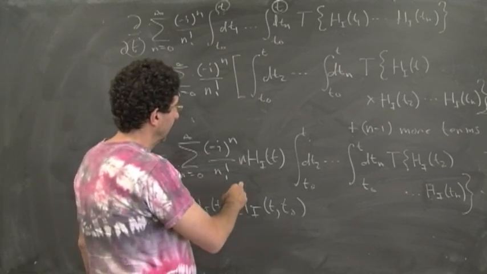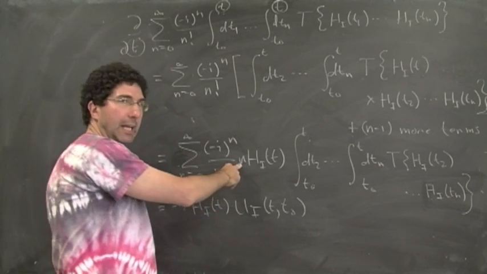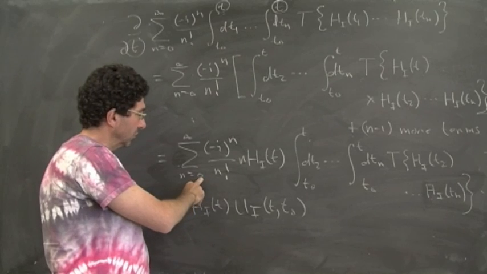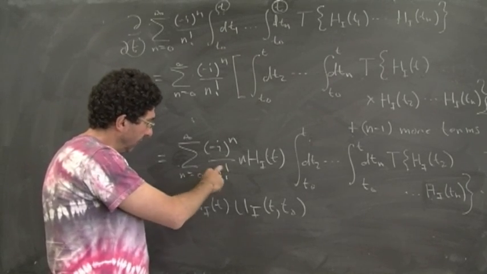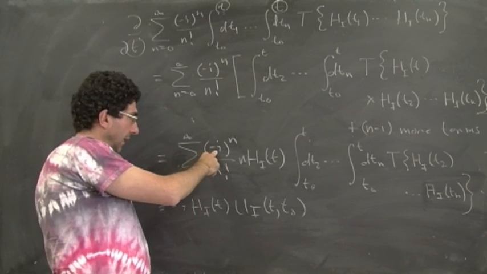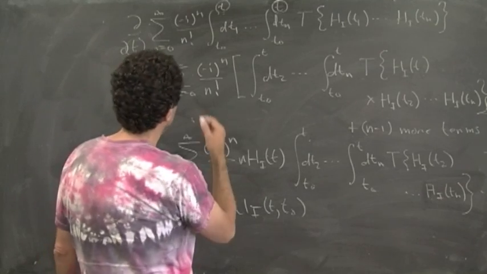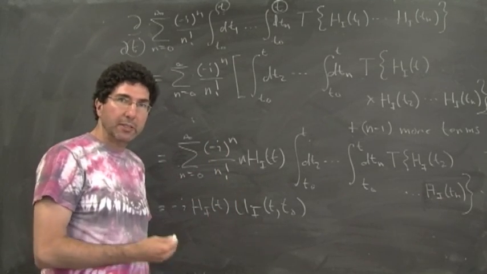And actually, the n equals 0 term vanishes here because of this n. So this thing starts with n equals 1, but then there's an n minus 1 factorial, there's n minus 1 integrals, there's just an extra factor of minus i, and so this is what I get, okay?